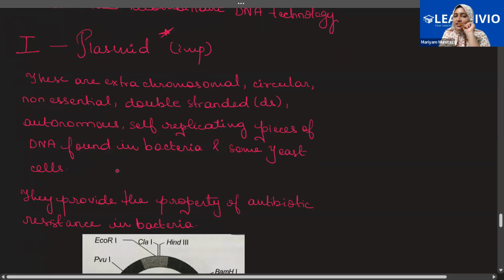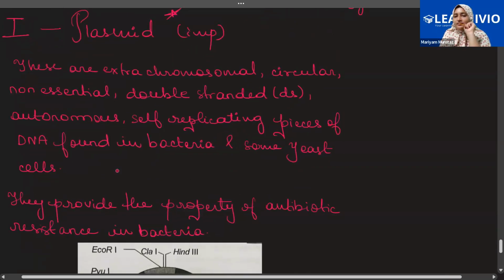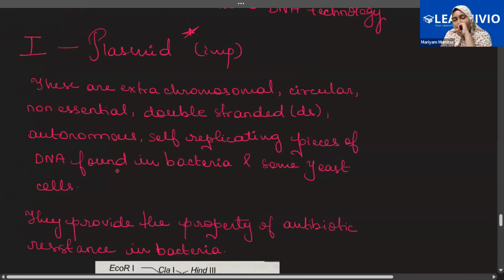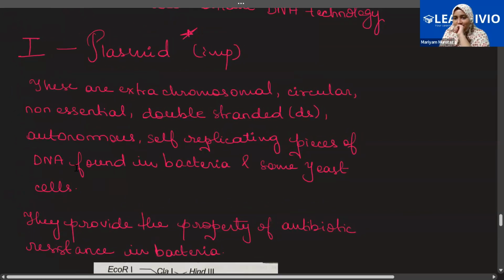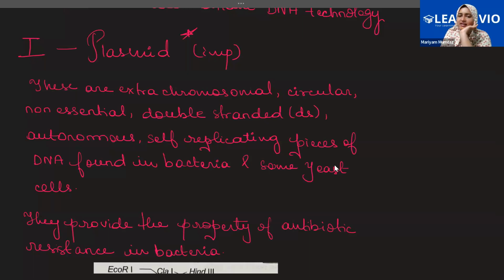Have you people ever heard about plasmid before? I think all of you have, isn't it? I don't think there will be any student who did not hear about plasmid before. Is there anyone? If there is anyone, you can say it's all right.